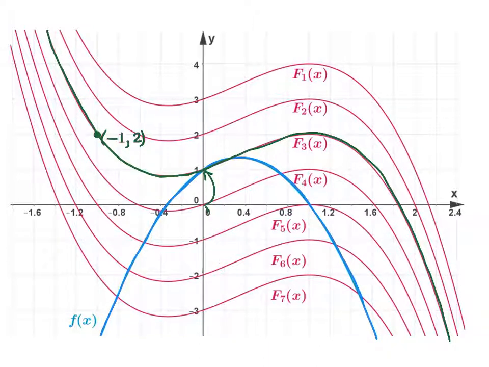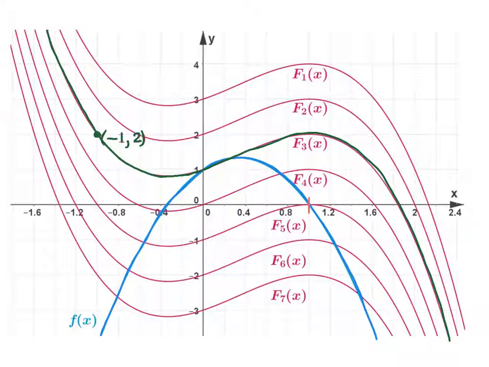Okay, but notice, the reason why there are multiple answers is because if I had that translation, let's say I picked where x is, let's see, that looks like maybe 1, okay?